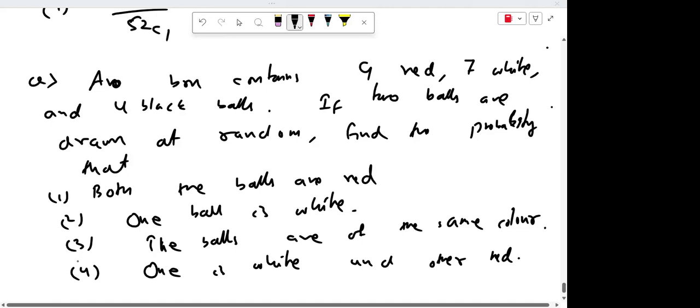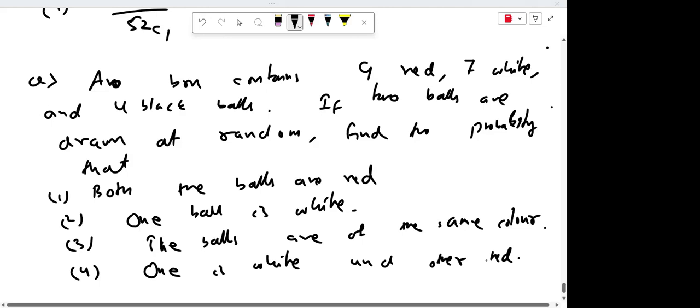So for the third one, will it be 9C2 times 7C2 times 4C2 by 20? When the balls are of the same color, that means both can be white, or both can be red, or both can be black.